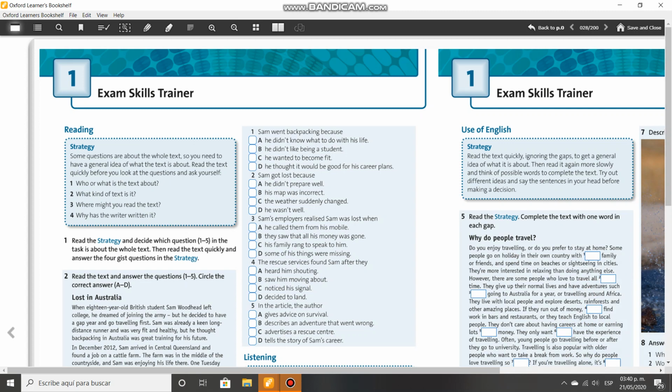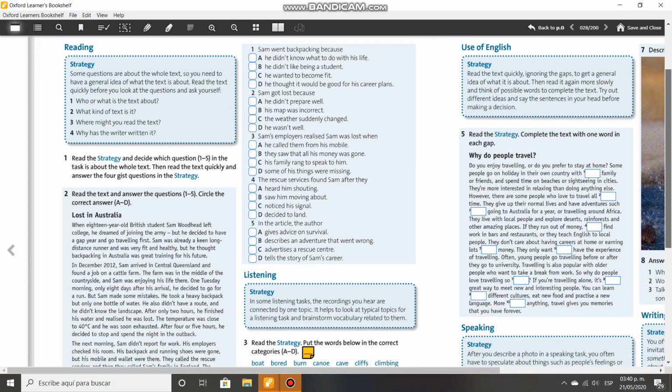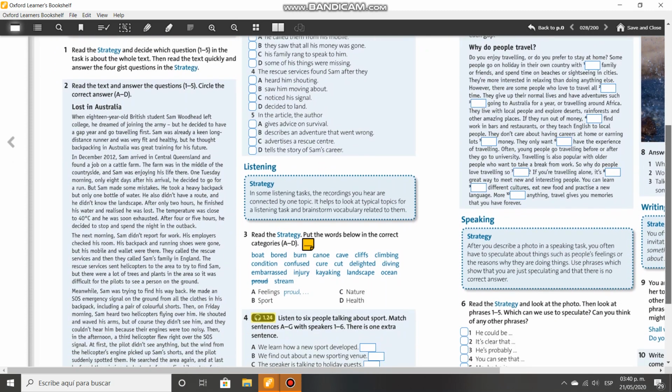O sea, como cuál se refiere al texto en general. ¿Ok? Y la otra, chicos, you have to read the text quickly and answer the 4 questions in the strategy. After you have finished, you have to answer these 4 questions for the strategy, right? So let's answer it, please.